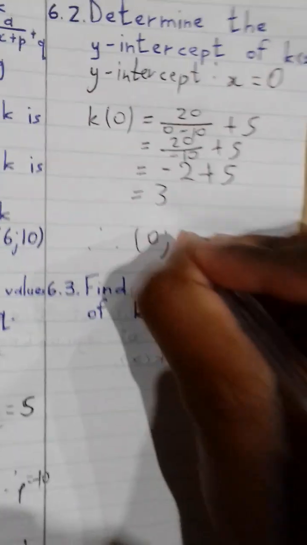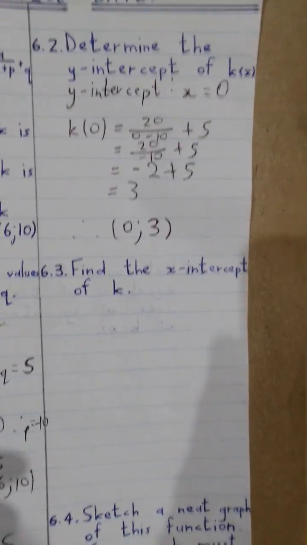X is 0 and y is 3. Okay, hope that is clear and I hope that makes sense.